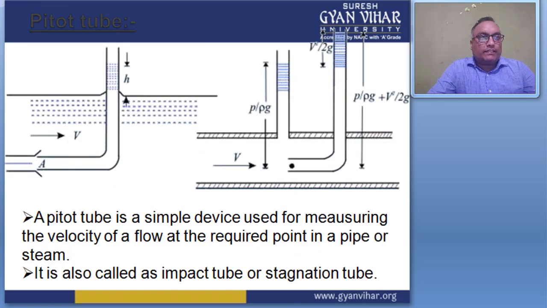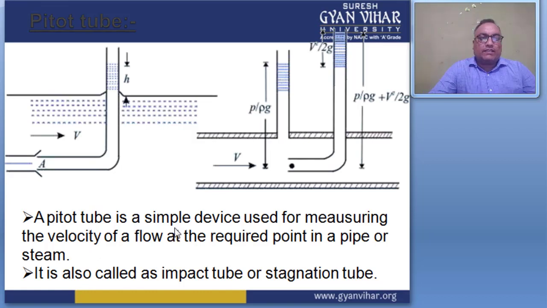And this is the third flow measuring device, the pitot static tube. With the help of the pitot static tube, we can measure the velocity and flow rate of the fluid flow. The pitot static tube generally measures the difference between the static pressure and the dynamic pressure.